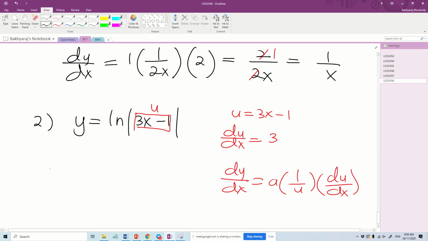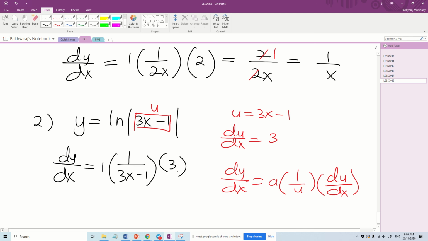Okay, kita boleh pergi last answer. So dy dx will be equal, you get a is 1 times 1 over 3x minus 1 and then times by 3. Is it we can cancel the 3? Boleh cancel?